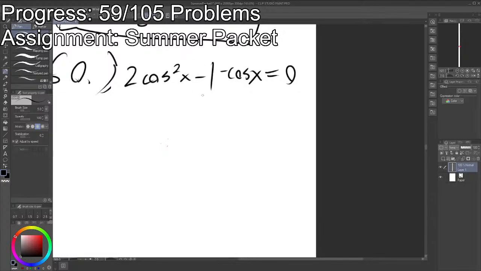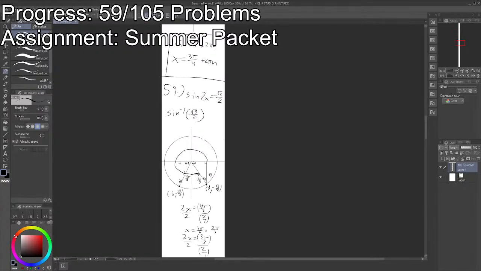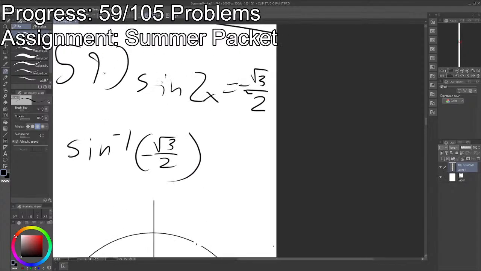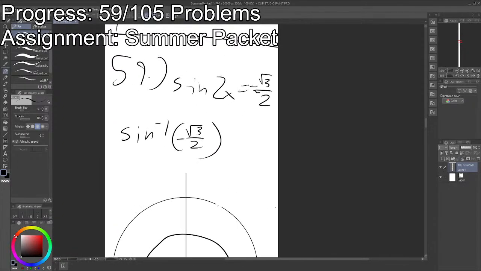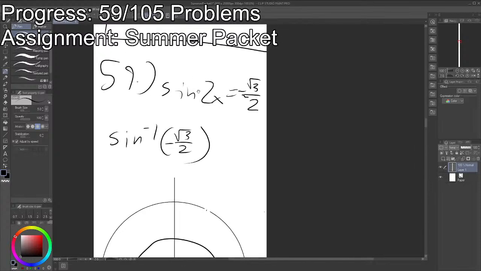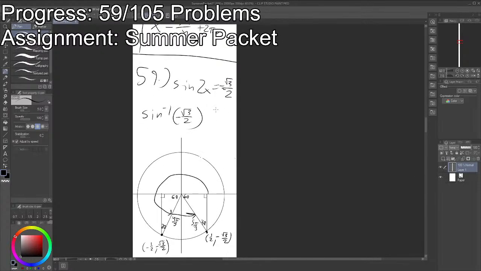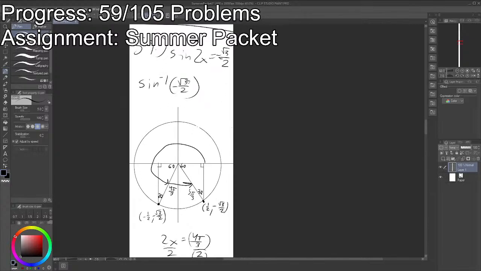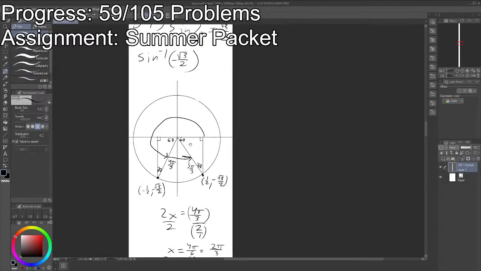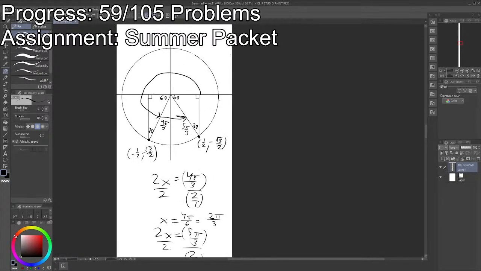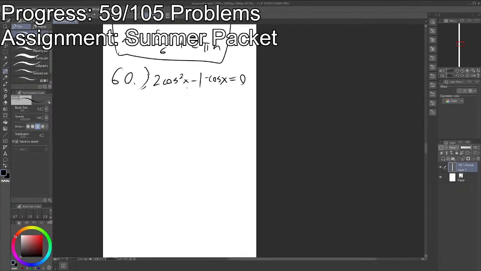Okay, so what were the steps we did yesterday? Oh yeah, you want to use the inverse function, plug this in on the right side, and then you get one of the angles on the unit circle or something.